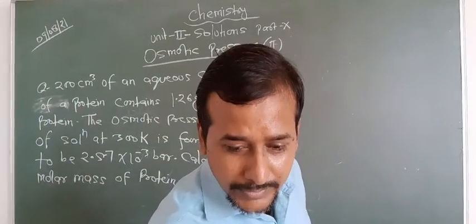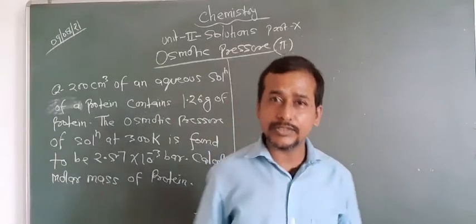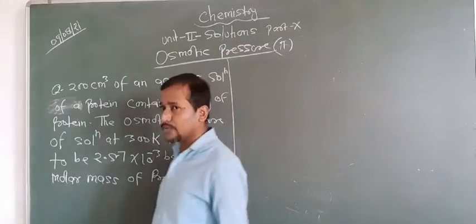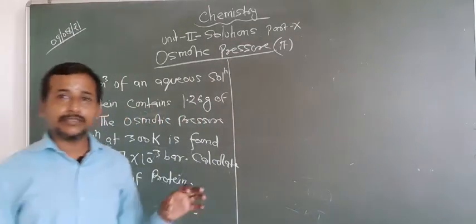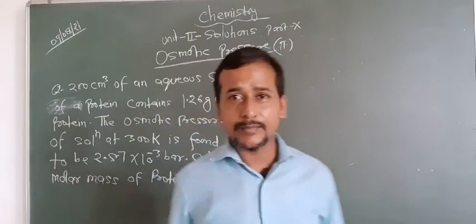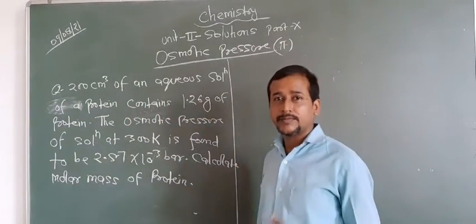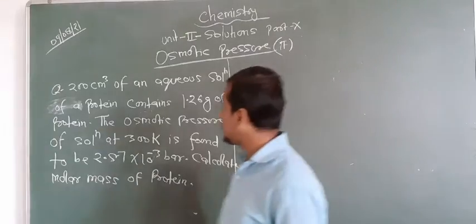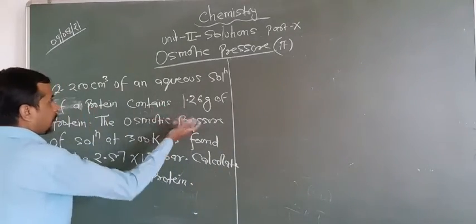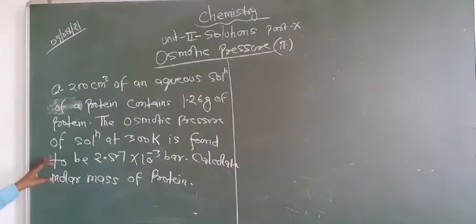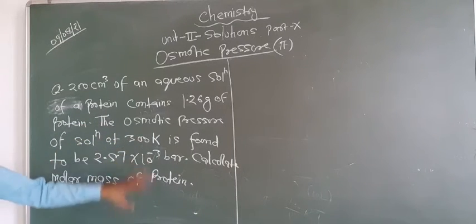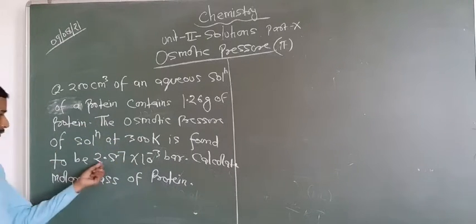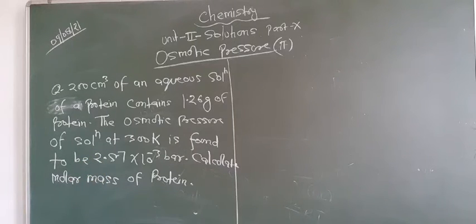That means the repairing of the body also occurs due to proteins. Proteins are basically formed from amino acids. You will study proteins in chapter 14, biomolecules. So now, 1.26 gram of proteins. The osmotic pressure of the solution at 300 Kelvin is found to be 2.57 × 10⁻³ bar.